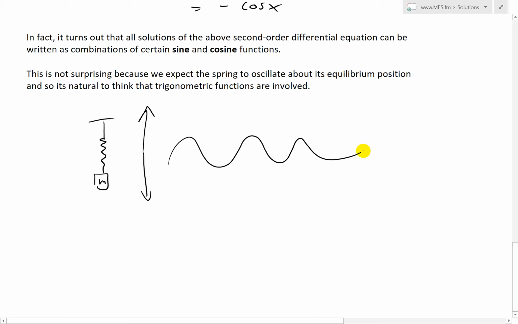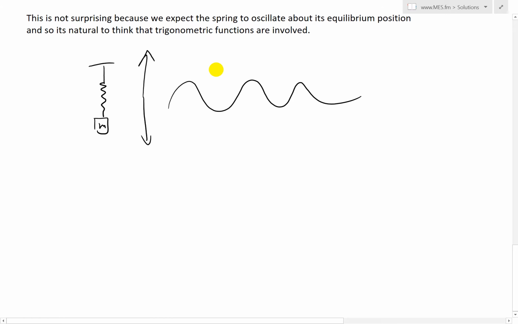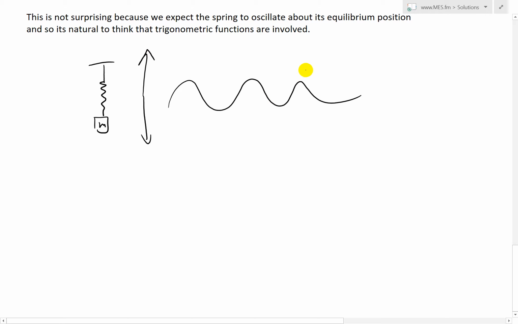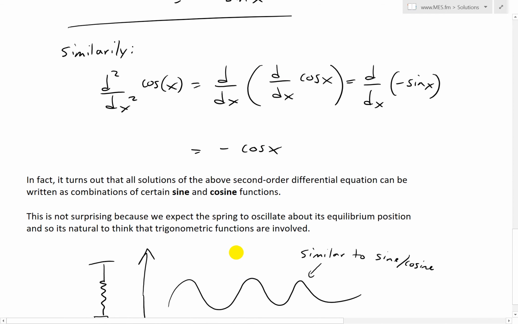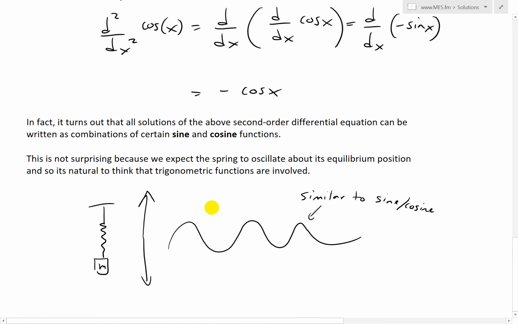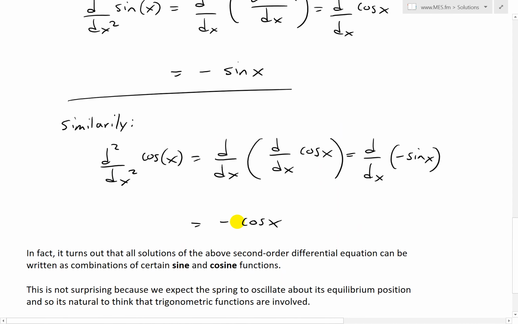These are just wave functions, and recall how trigonometric functions look: sine and cosine also look like this. Make sure to watch my earlier videos on sine and cosine to get a better idea. So basically, anything that oscillates is almost always modeled by trigonometric functions.